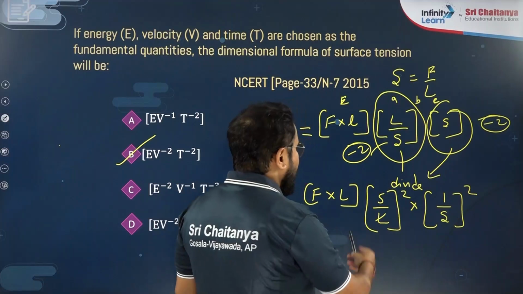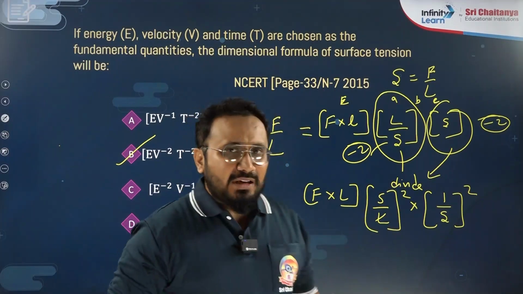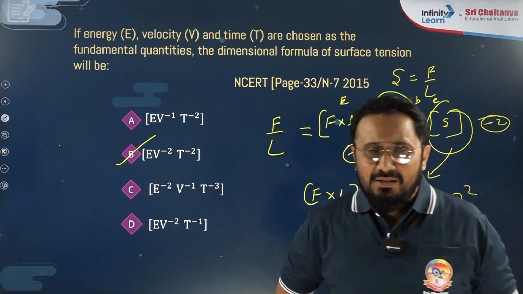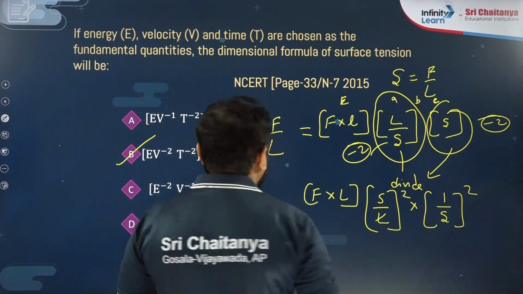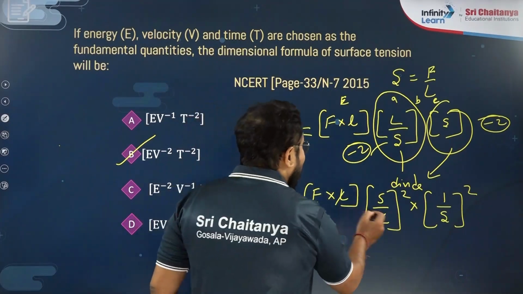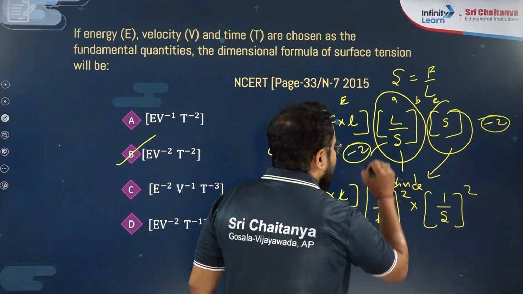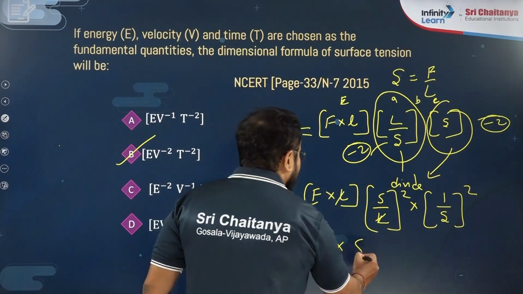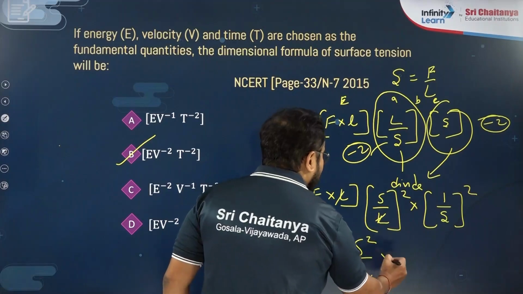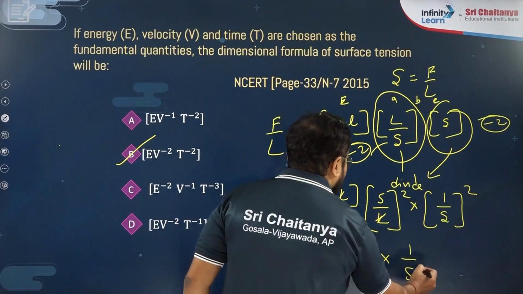With this dimension you can see, for this you have to learn the formula and you have to practice a lot. It is not like that you see this and then you will get it; you have to practice a lot. See, L and L will get cancelled when it will become a square. So 1 L will be left. It can be written as S square by L multiplied by 1 upon S square.